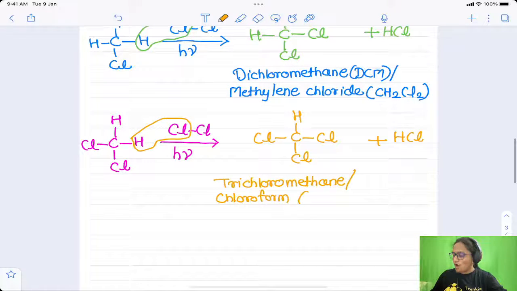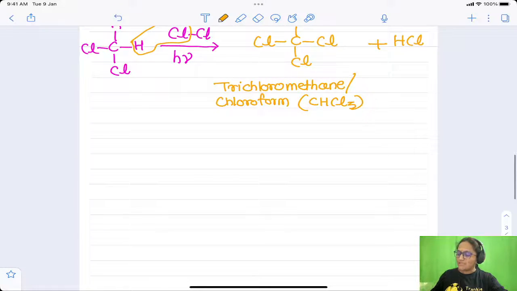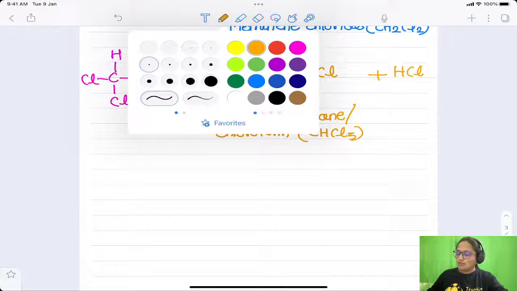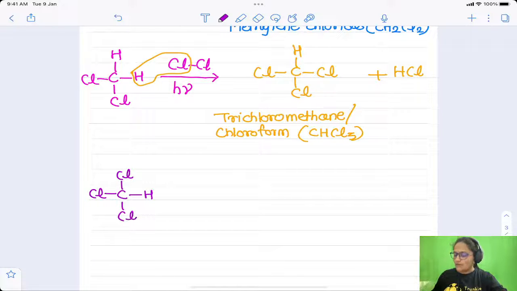So the chloroform chemical formula is CHCl3. Again, there is still one hydrogen present here, right? So that also will be substituted by the halogen. Let me write down the hydrogen on the right hand side and chlorine like this, so that I can show the loss of HCl.